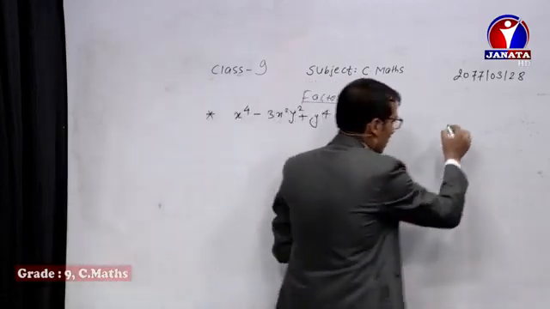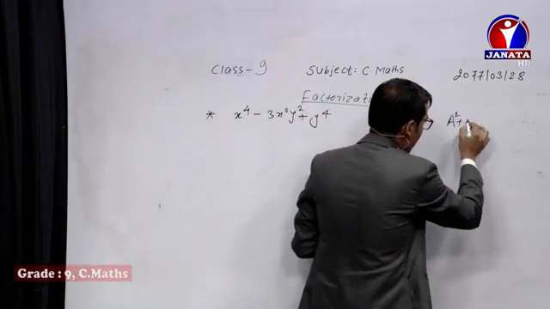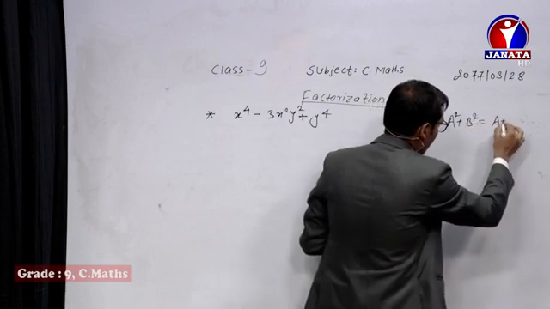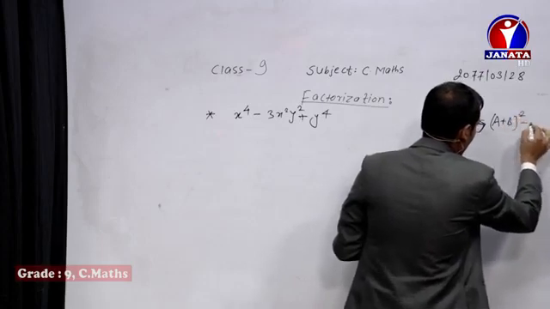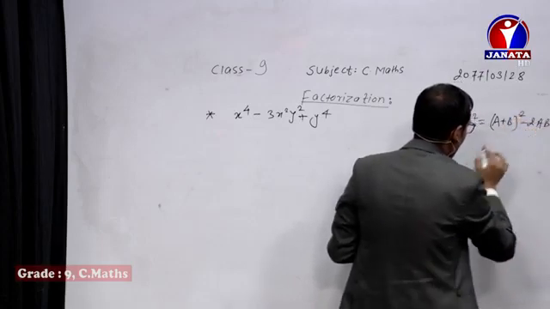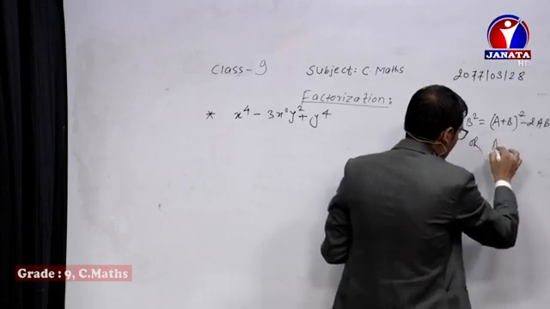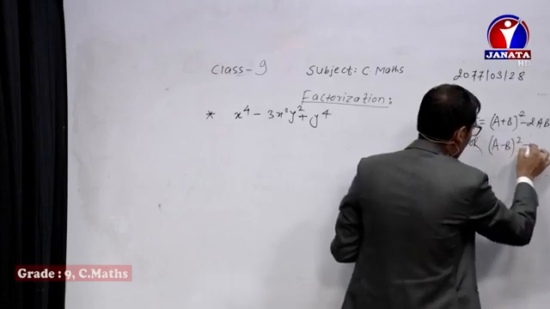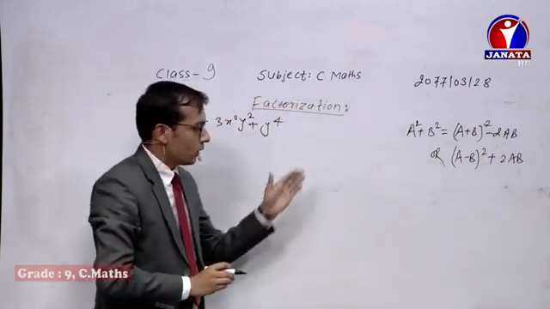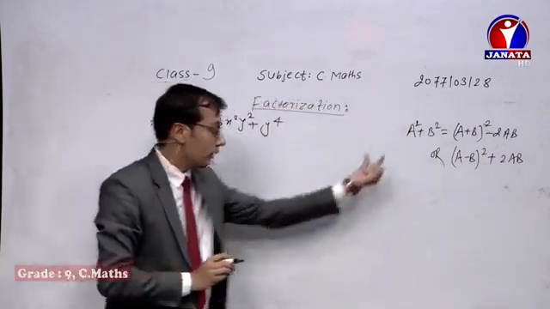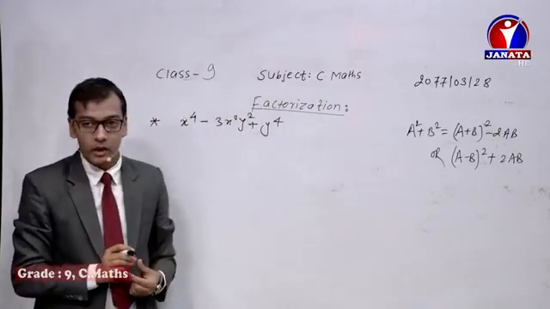Let me again write the formula. A square plus b square is a plus b whole square minus twice ab, or a minus b whole square plus twice of ab. So these are the two expanded forms of a square plus b square.